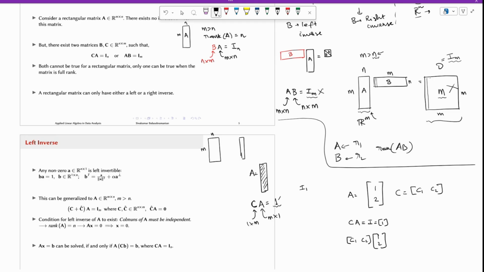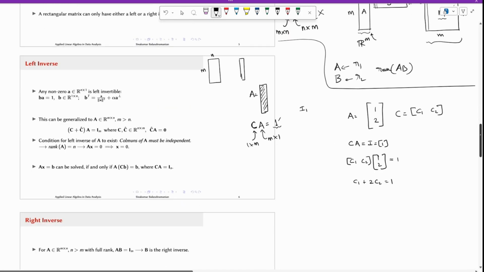It looks like in this case the matrix multiplication is simply an inner product, which means you get C1 plus 2C2 equals 1. So what C1 and C2 will solve this equation?